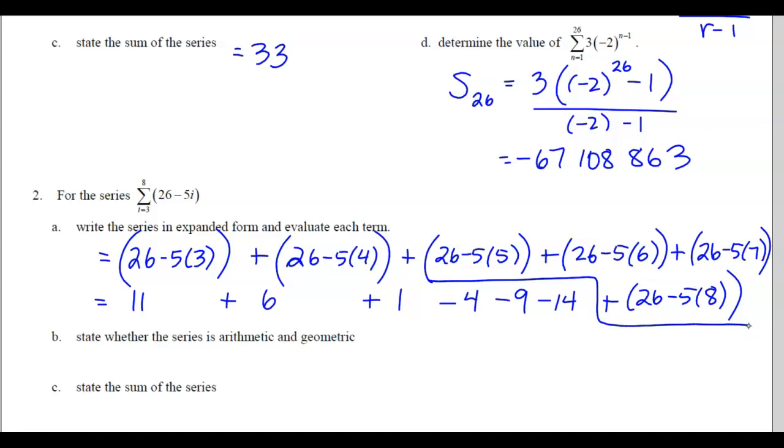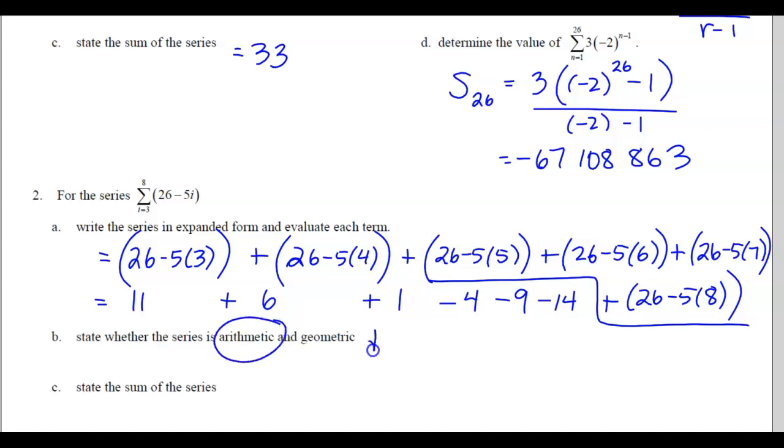This one, I can tell it's arithmetic to start because it's a linear expression in that summation notation. The variable is not in the exponent. It's not squared. It's just a linear degree 1 expression. So we know it's arithmetic.